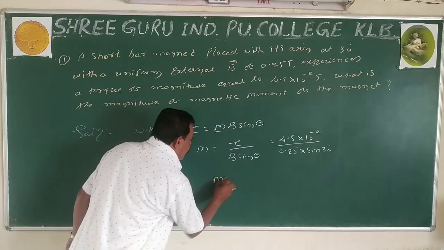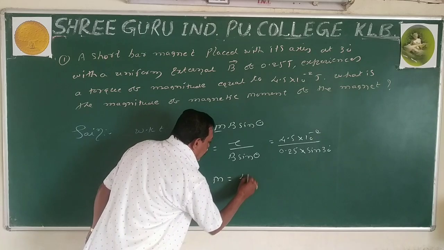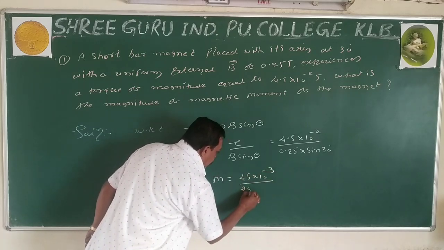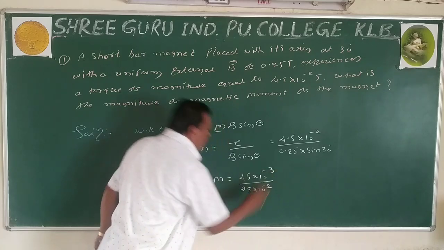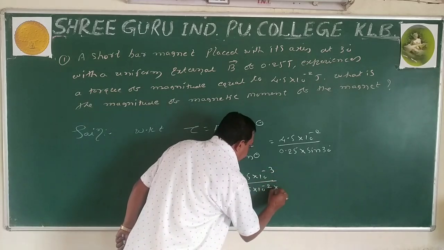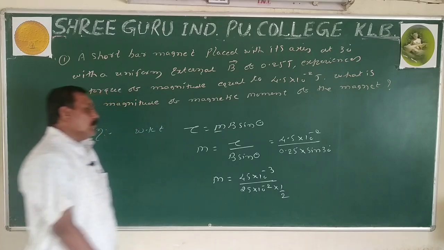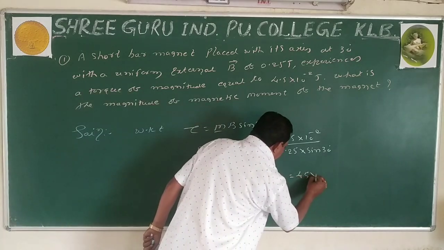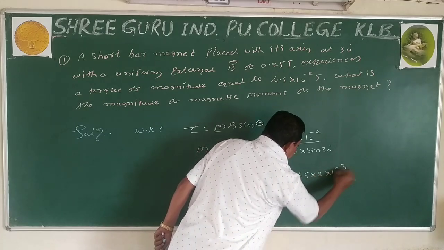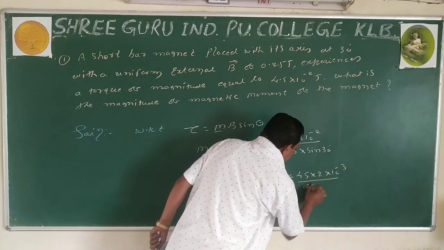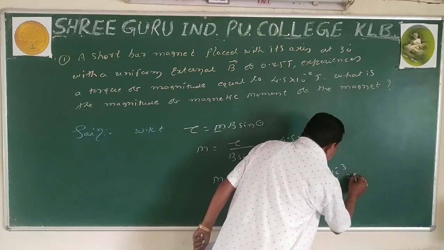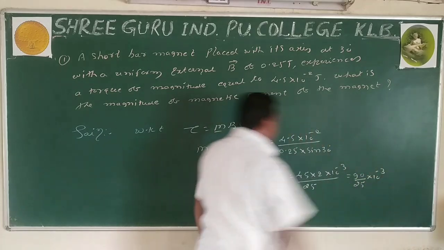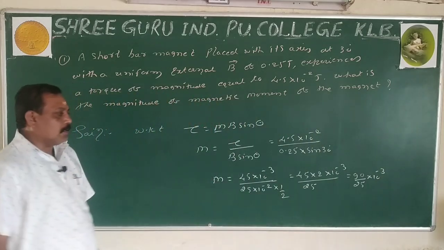M equals 4.5 into 10 to the power of minus 2 by 0.25 into 1 by 2. Is it clear? Yes. Shall I write 45 into 2 into 10 to the power of minus 3 divided by 25? Is it 90 by 25 into 10 to the power of minus 3? Yes.